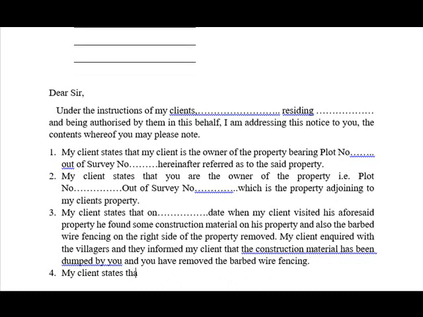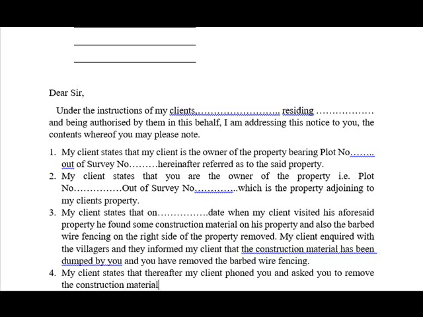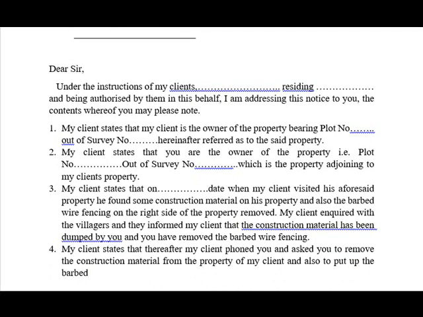My client states that thereafter my client phoned you and asked you to remove the construction material from the property of my client and also to put up the barbed wired fencing.